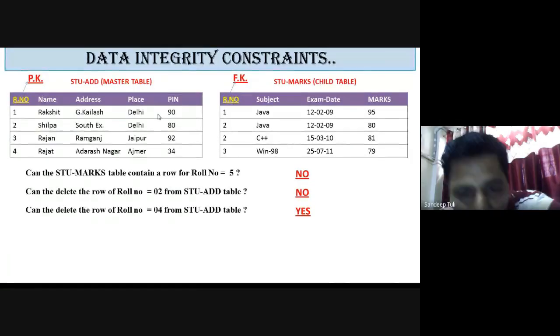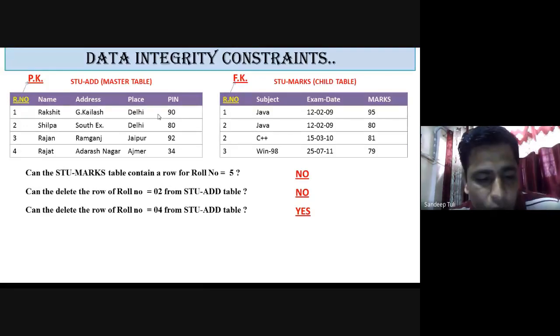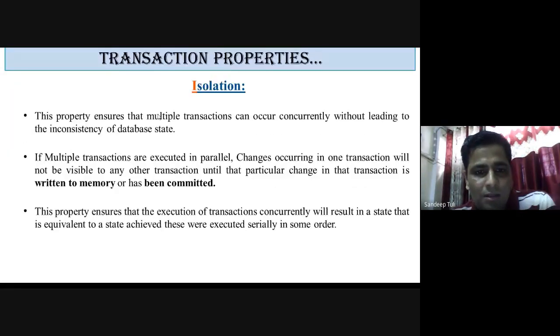The questions we just went through are good for clearing up what referential integrity means. Referential integrity means that if there is a foreign key, then it must either exist in the master table, otherwise it will be null. Okay, so two properties we have seen till now. The first one was atomicity, the second one was consistency.